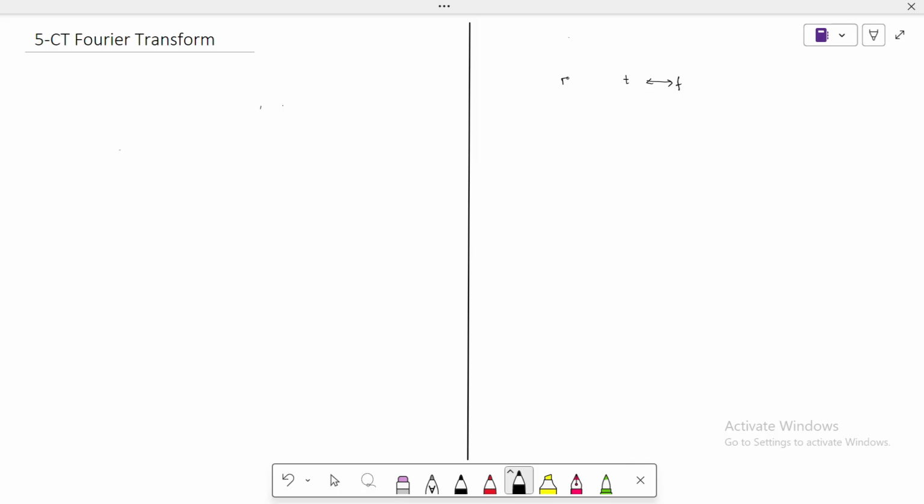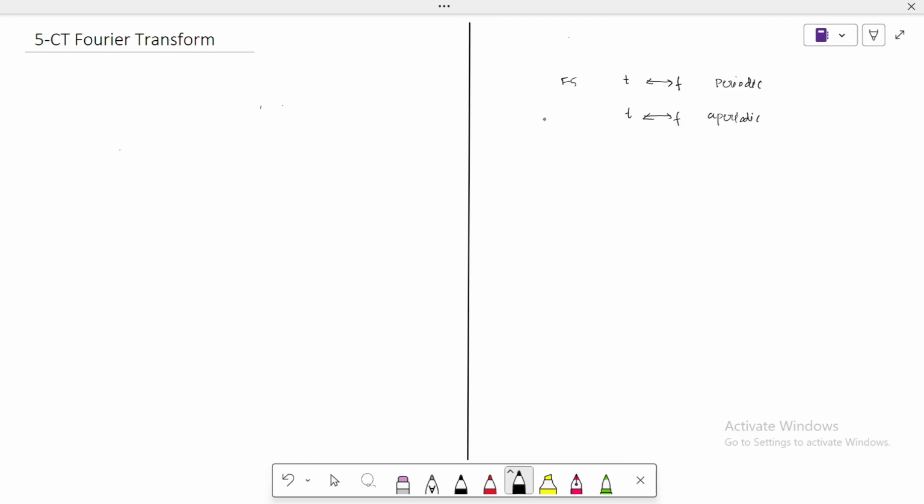So this is the Fourier series. In Fourier series, we can convert the time to frequency, but there is a condition: the signal must be periodic. But in continuous time Fourier transform, we can convert the signal from the time domain to the frequency domain for the aperiodic signal.